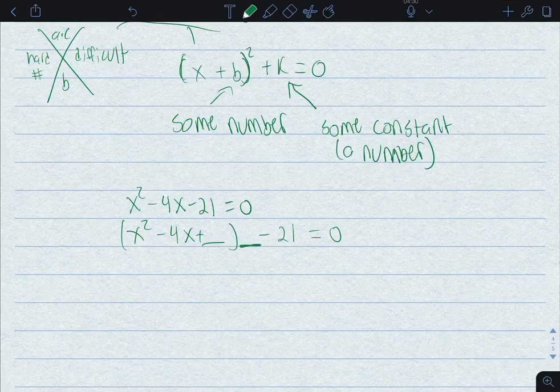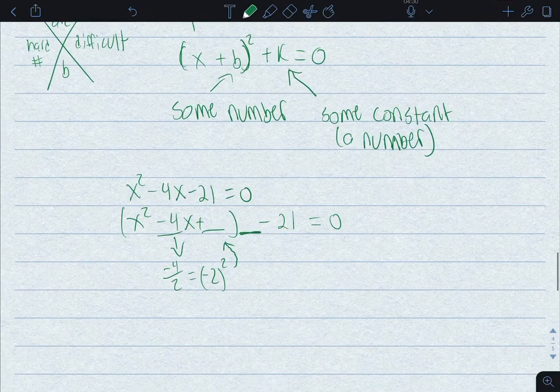We're going to pull some numbers out of nowhere, and these numbers are going to make things nice and pretty. We're going to take this negative 4 and do half of it. So negative 4 over 2 is equal to negative 2. Then we square that number and put it in the blank.